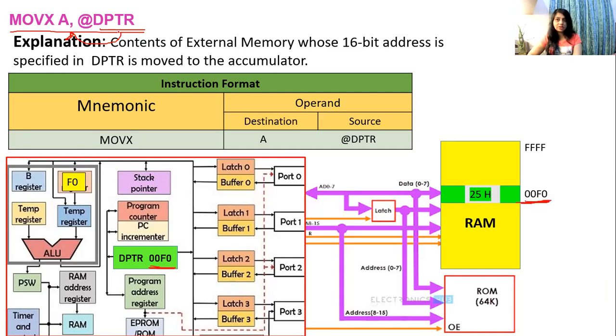What this instruction says: move the contents of this memory location, whose address is in DPTR, because of this @ sign. This @ sign indicates that DPTR holds the address, and the data pointer DPTR is a 16-bit register. So it will transfer this 25 data into the accumulator after execution.